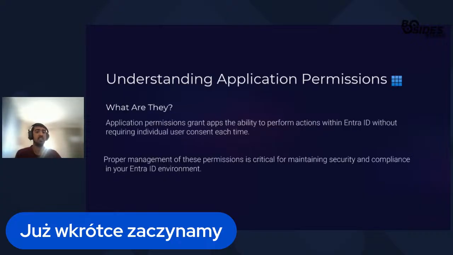On the other hand, we have application permissions, which are the permissions used by the application without the need of a specific user. In this research, I mainly focused on this type of permissions, but I also touched on delegated permissions, just a little, in hidden consent grant.